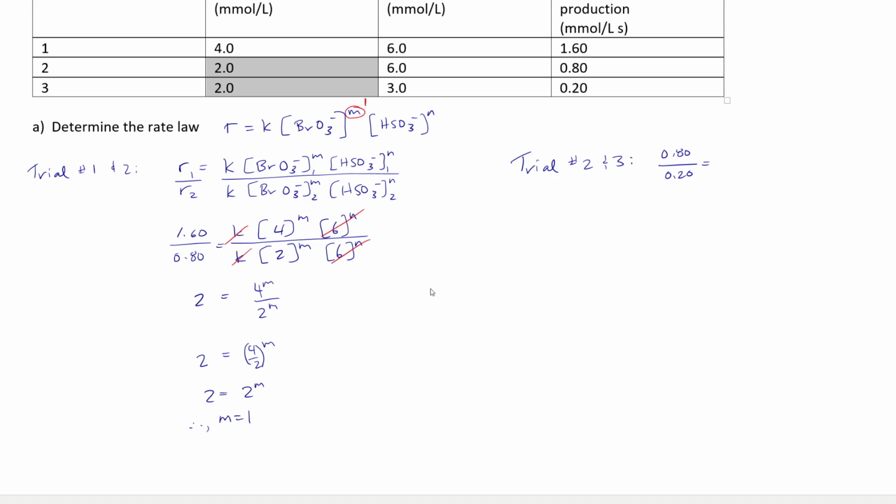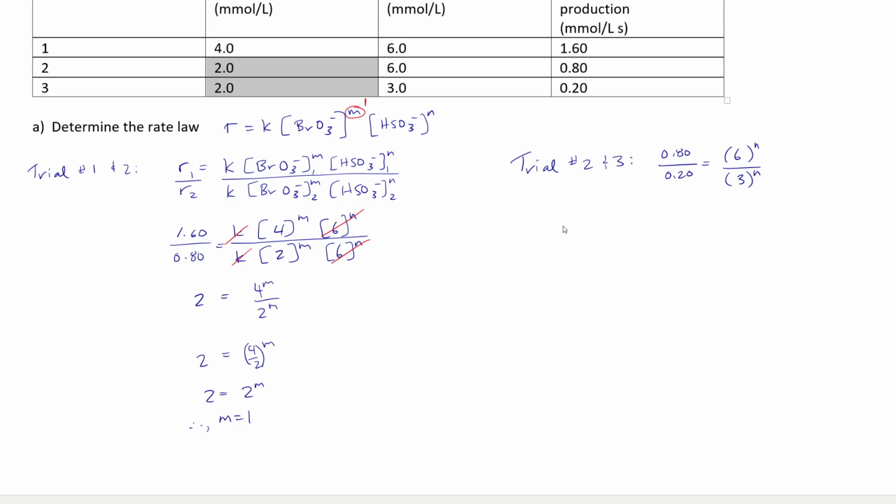I know that the K values will cancel, and since bromate is being held constant, that will cancel. So then I'll only look at the bisulfite. So I will write here 6 to the power of n over 3 to the power of n.